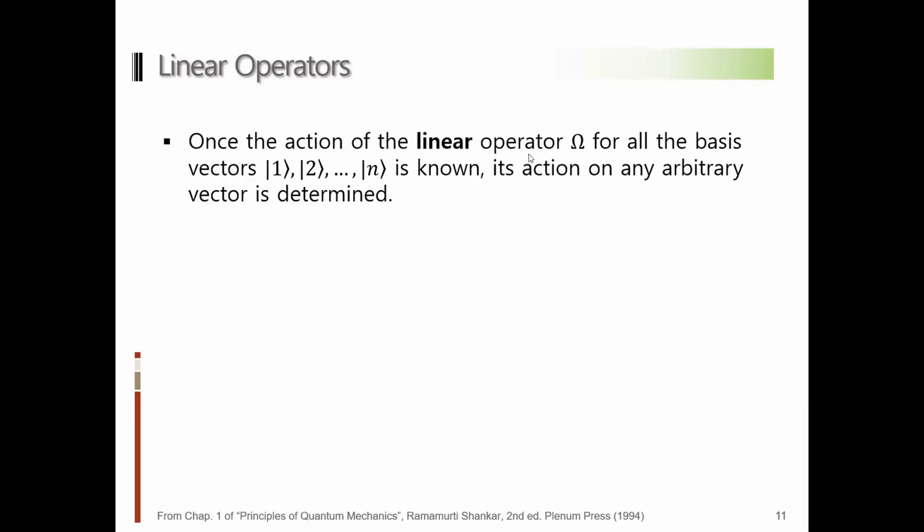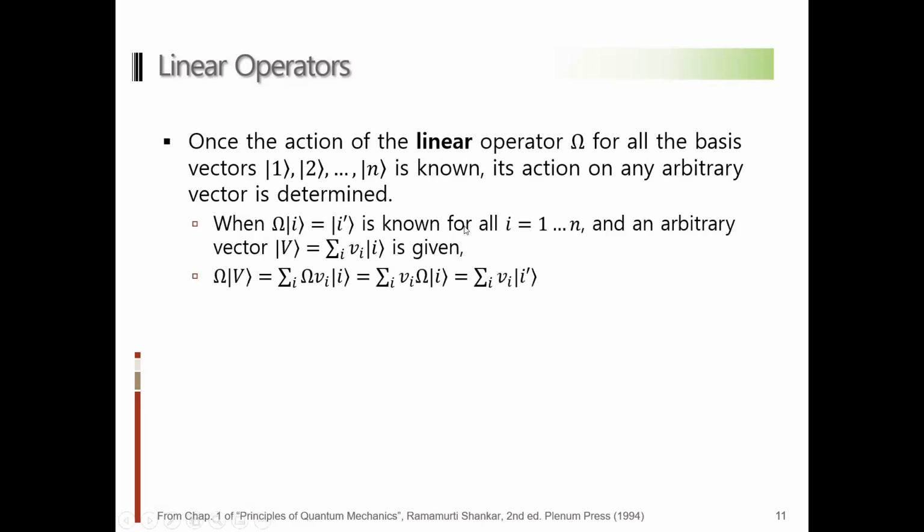Whenever we have a linear operator, we have a nice property: as long as we know how each basis vector is transformed by the given linear operator, we can immediately predict what will happen to any arbitrary vector. The proof can be written this way, but let me redraw it on another board.